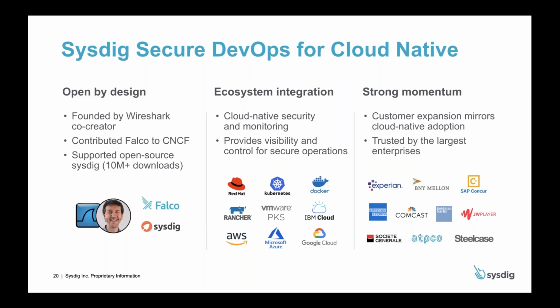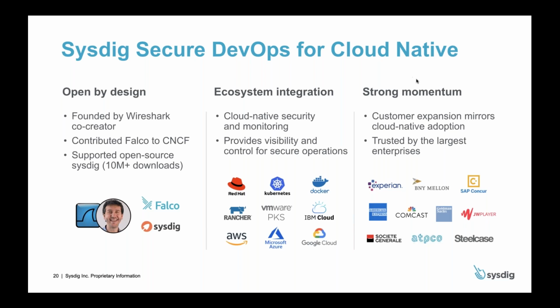From a momentum standpoint, our customer expansion mirrors their cloud native adoption, working with the largest enterprises, the banks, the retailers, as well as a lot of smaller and fast growth companies that have similar use cases around security, compliance, and monitoring.